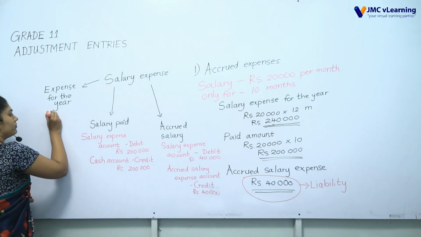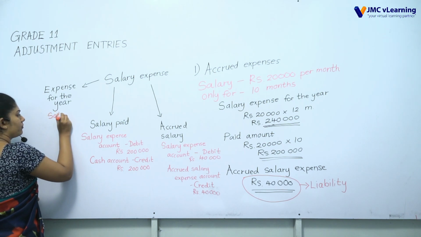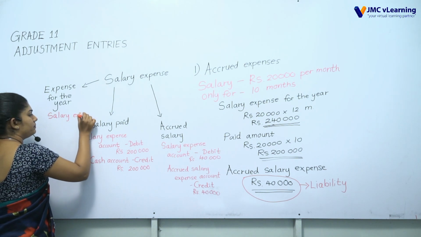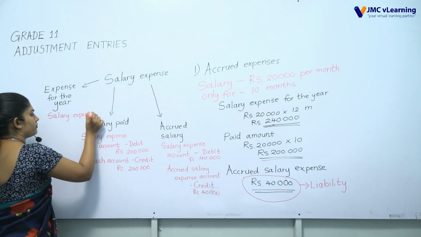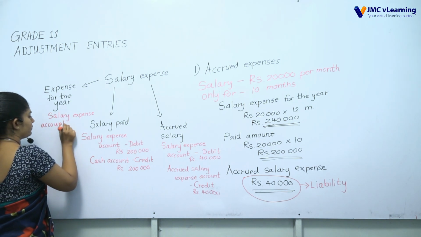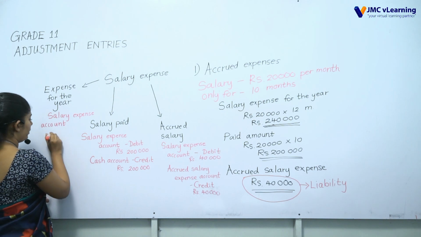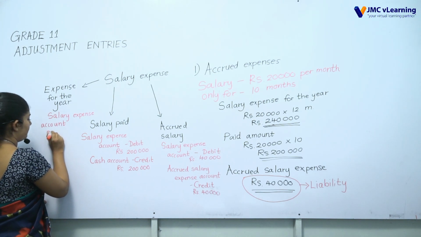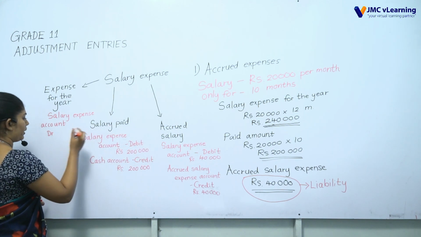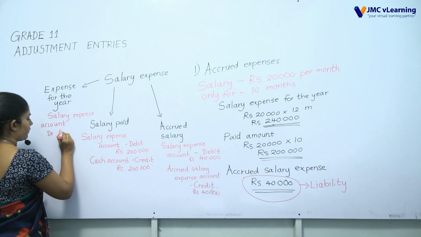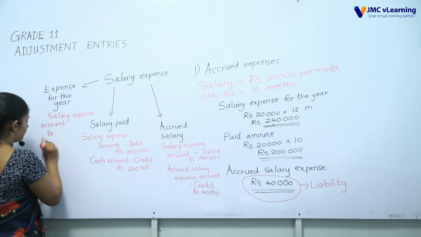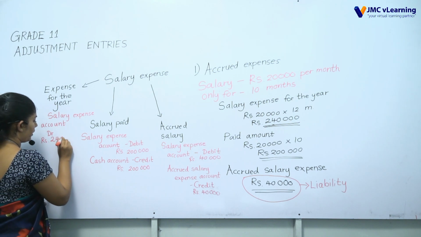Expense for the year is salary expense account. Here, salary expense account, debit, all in total 200,000 plus 40,000, $240,000.